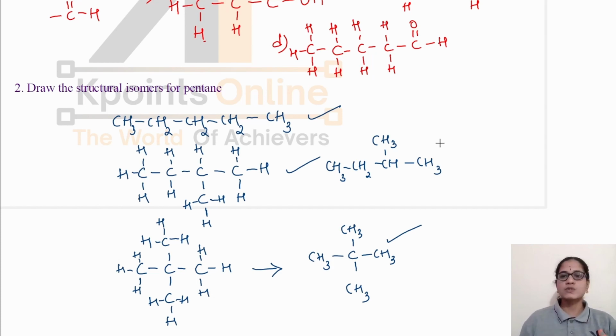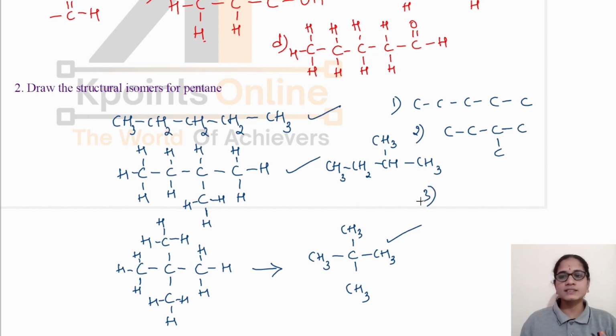Yes, to summarize, how can we write the structural isomers? First, write all 5 carbon atoms in a single chain, and we should check the possibility of writing one carbon atom out of the chain also. Yes, we can write one carbon atom out of the chain like this. In the third step, I can write 2 carbon atoms out of the chain.